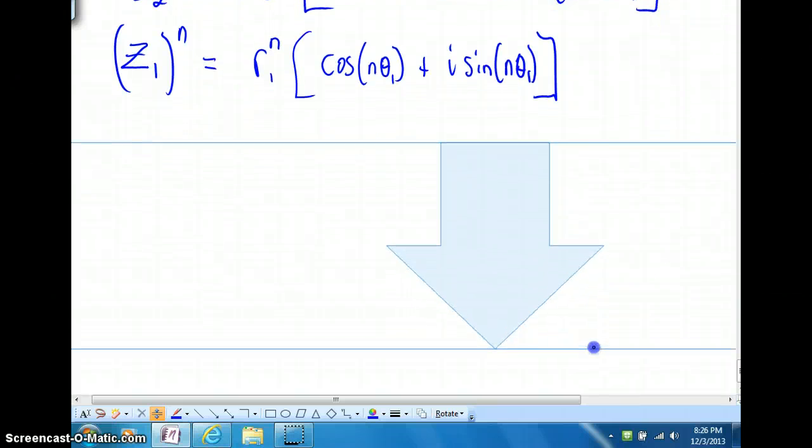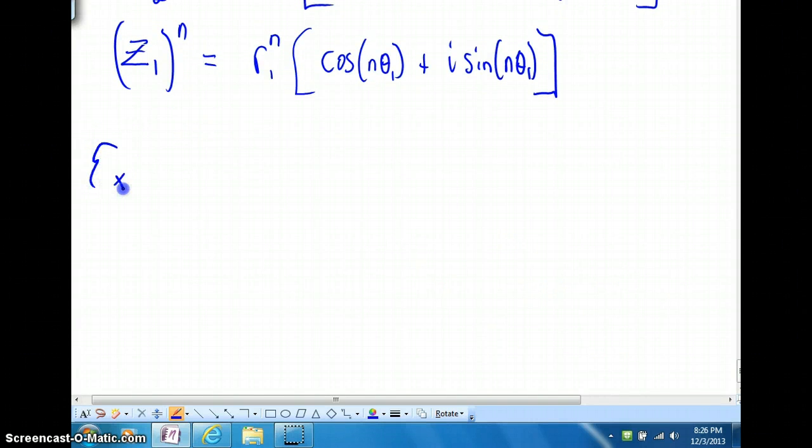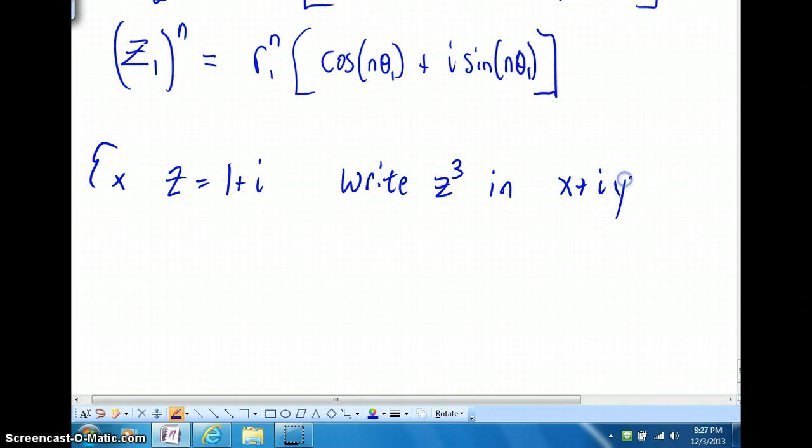Let's just say that we have z is equal to 1 plus I. And we'd like to write z to the third in x plus yi form, or iy form.